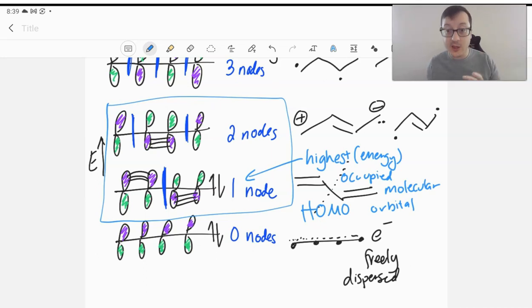Highest occupied molecular orbital, highest in terms of energy. So that's the highest energy orbital that all of our electrons happen to be in.